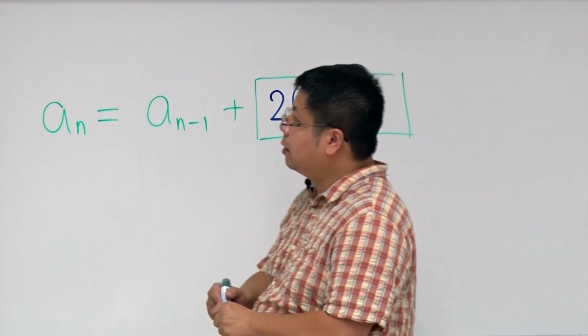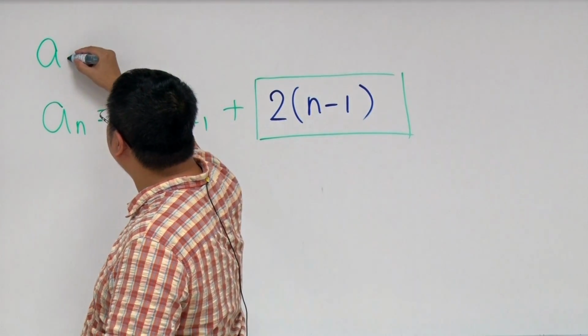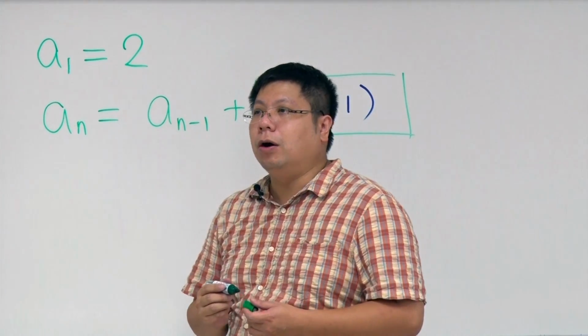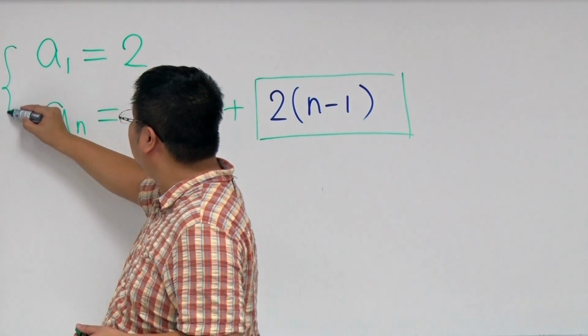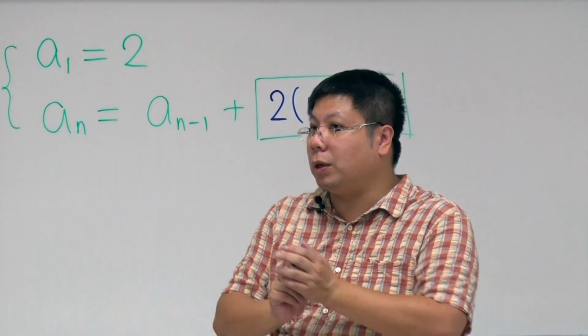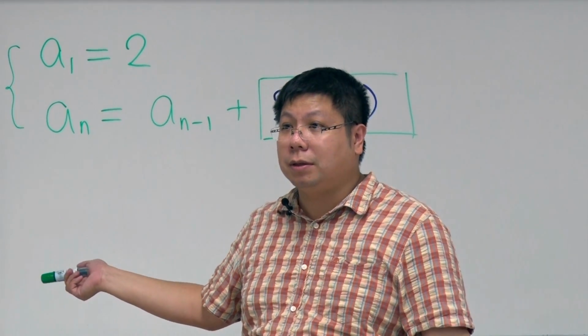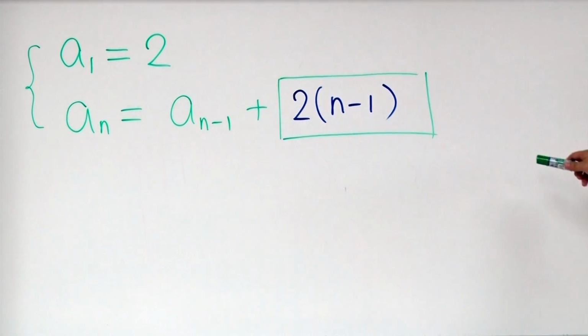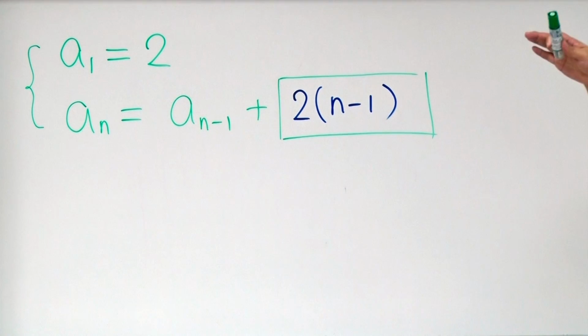And then we can add the boundary condition, say a_1 is equal to 2. Then the whole thing combined together will allow us to compute a_100, a_200, whatever we want.